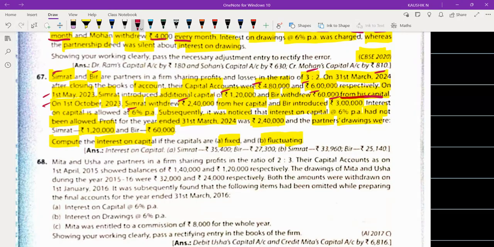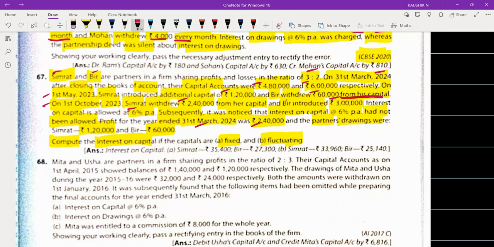Subsequently, it was noticed that the interest on capital of 6% had not been allowed. And on the year end 30th of March 24, rupees 2 lakh 40. Okay, and the partners' drawings, the given information were 1 lakh 20 and 60,000.